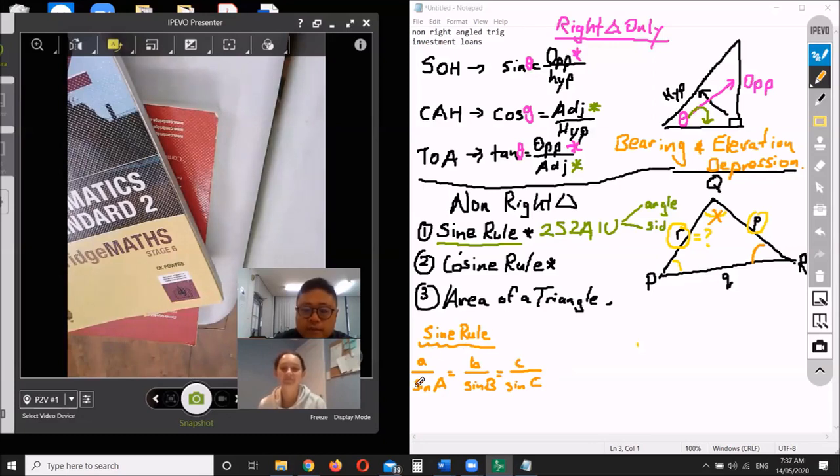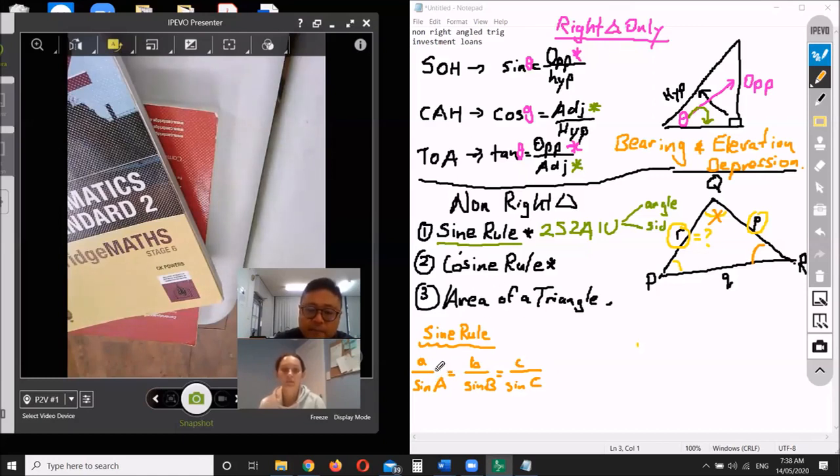With this formula, essentially what it's saying is that the ratio of a side to the sine of its angle is going to be equal throughout the triangle. It works for any triangle, because it's any non-right-angle triangle, and it even works for right-angle triangles, because a right-angle triangle is also a triangle.